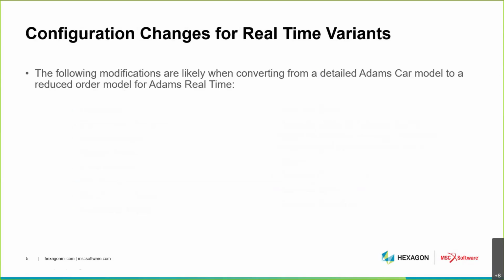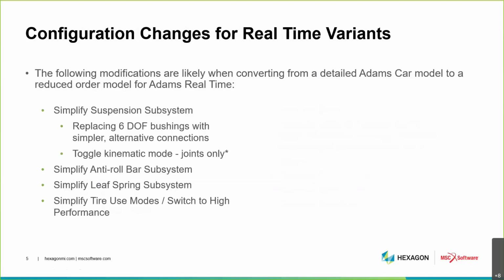So as Eric pointed out in his presentation, the types of modifications that you're likely to make when you're converting a detailed Adams car model to a reduced order model include things like simplifying the suspension, possibly replacing full 6 DOF bushings with simpler or alternative connections or arrangements.